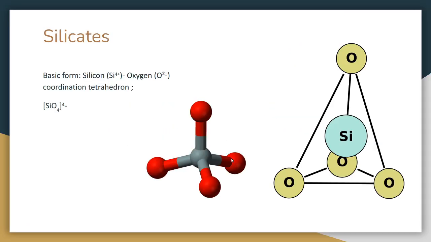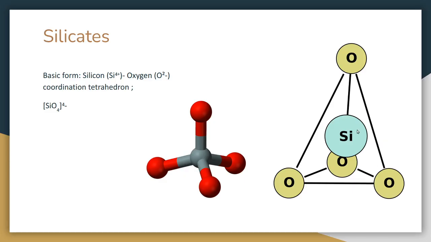What does that mean? Silicates are formed with this basic structure, which is a cation, meaning an atom with a positive charge, a silicon cation, surrounded by 4 oxygen anions, meaning atoms with negative charges.